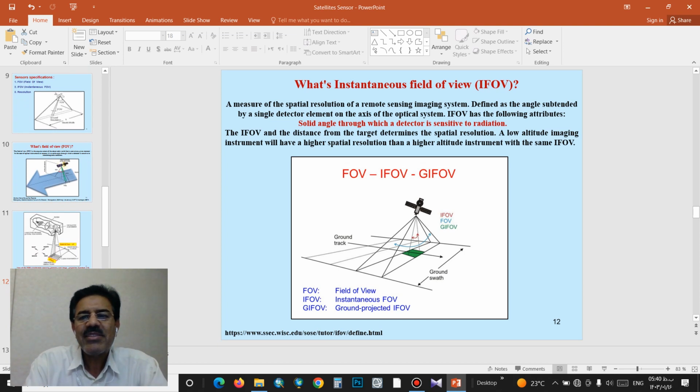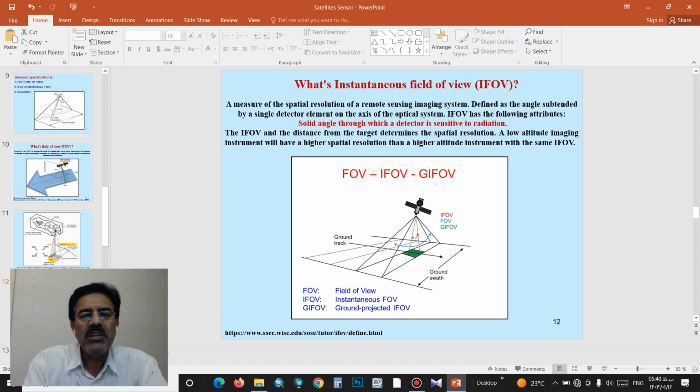But what's IFOV? What's instantaneous field of view? A measure of the spatial resolution of a remote sensing imaging system, defined as the angle subtended by a single detector element on the axis of the optical system. IFOV has the following attributes: solid angle through which a detector is sensitive to radiation.